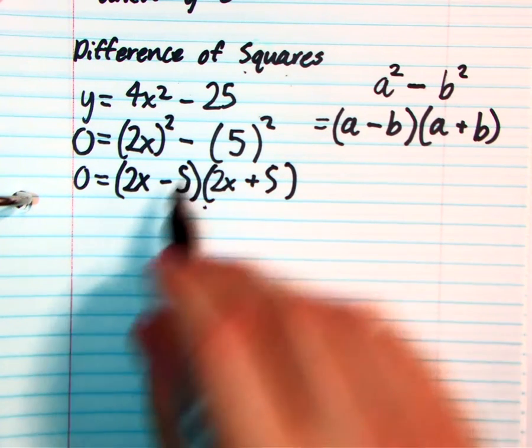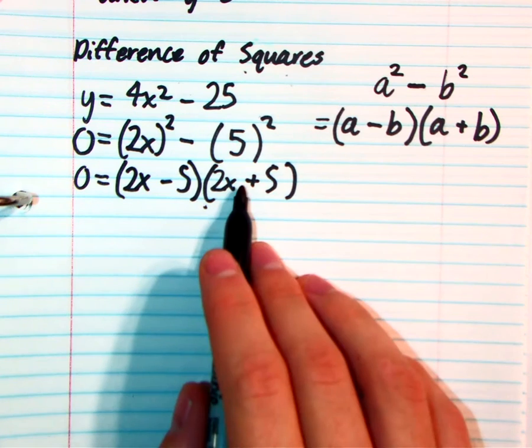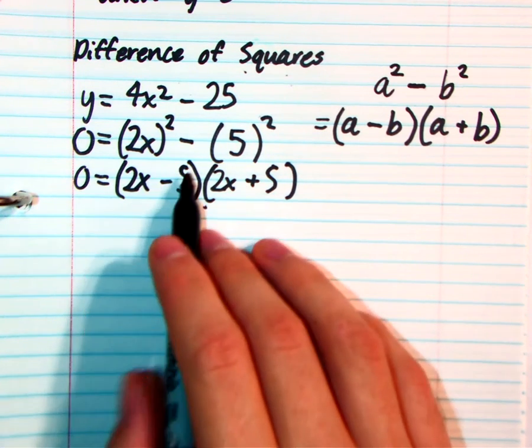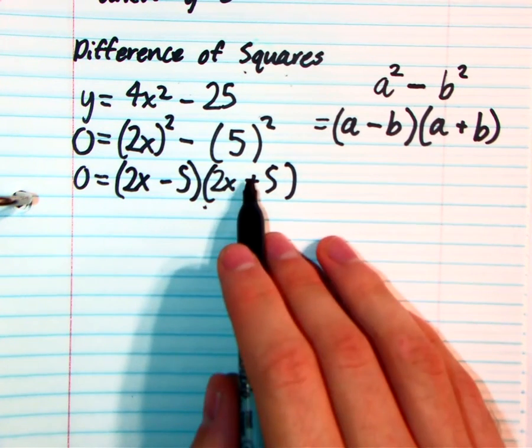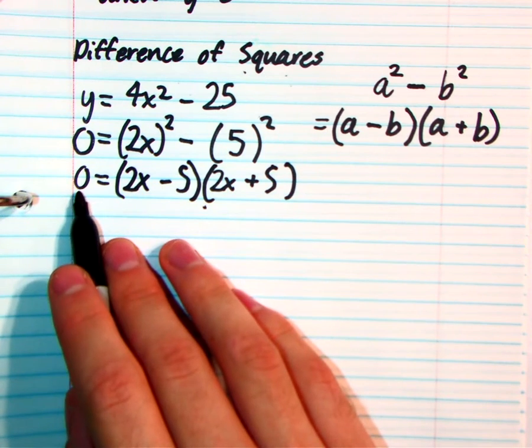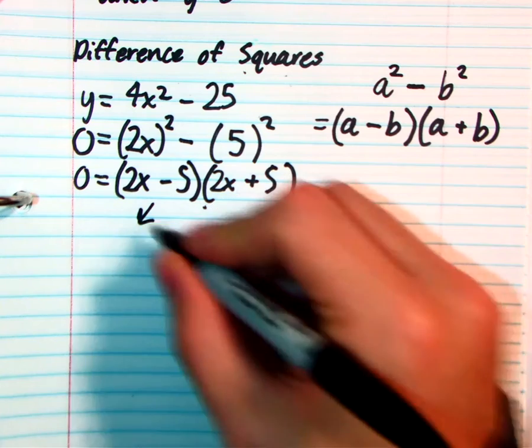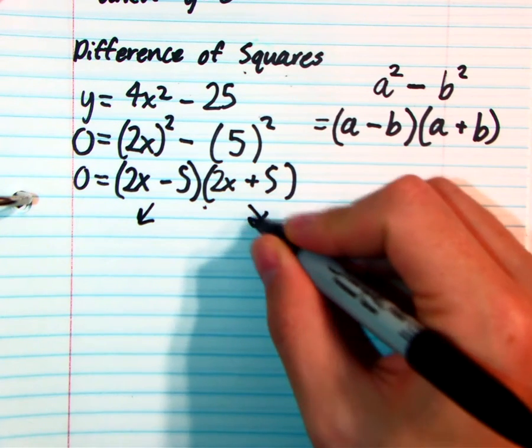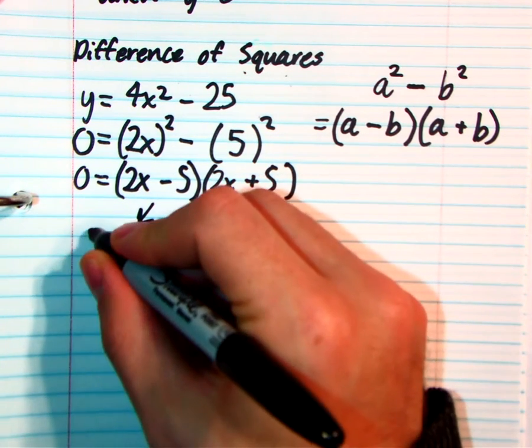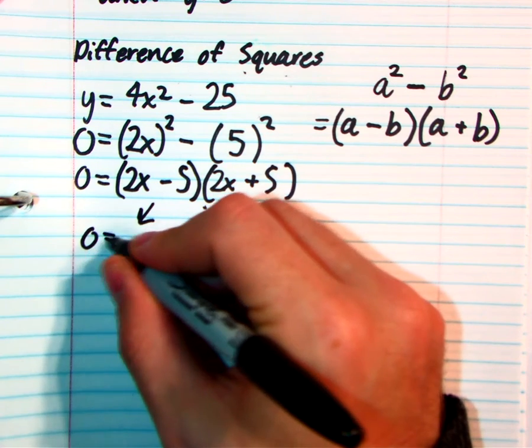Because when you have the factors of a polynomial, since the factors are multiplied together, and since the answer needs to be 0, what you have to do is just make either factor equal to 0 and solve for x, and that would make the equation true.